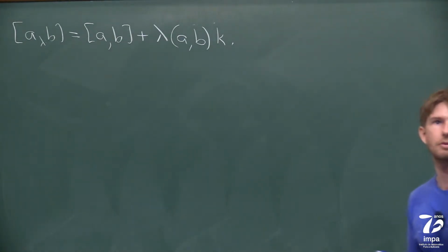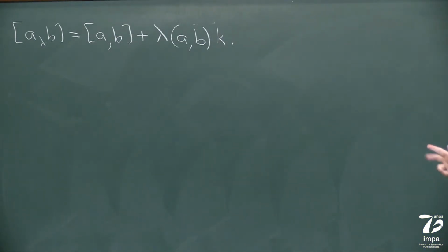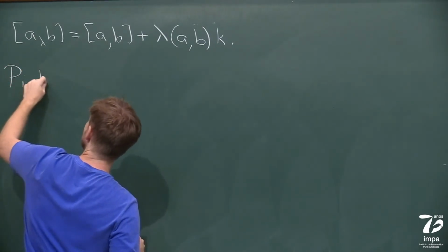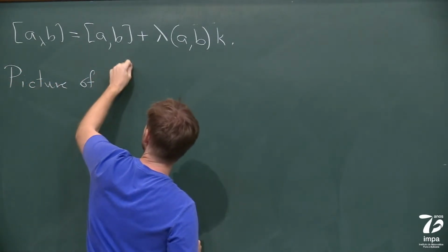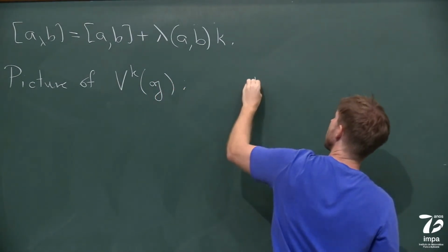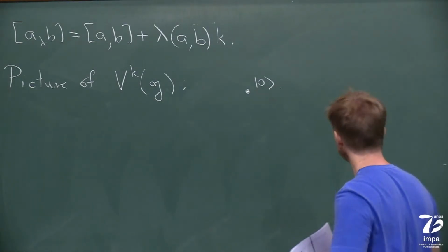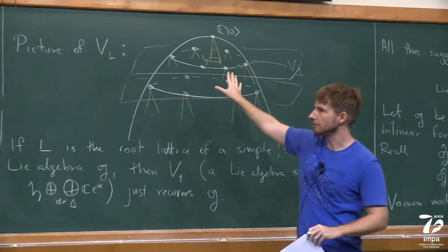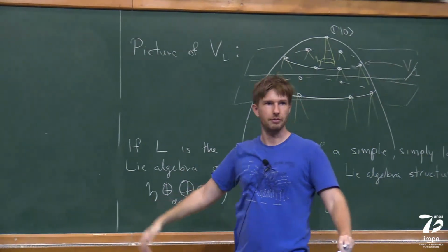Okay, so the OPE relation between these generating fields is given by this formula here. So the mental image that I want you to have of V^k(G) is not this paraboloidal shape, but rather like a cone or sort of pyramid.